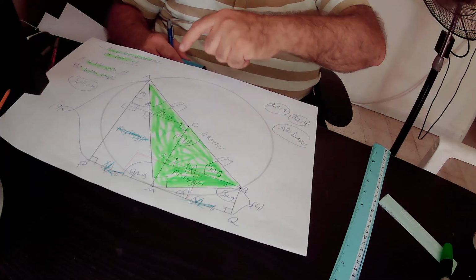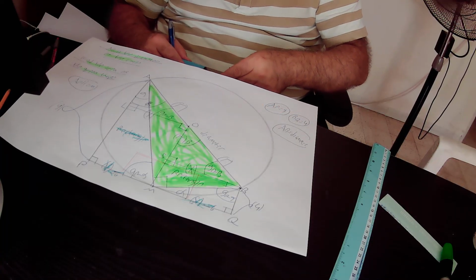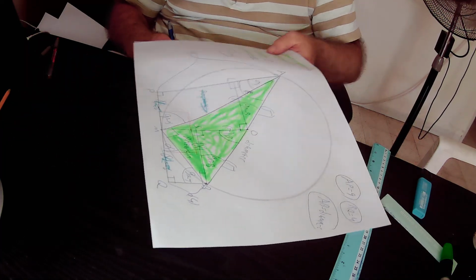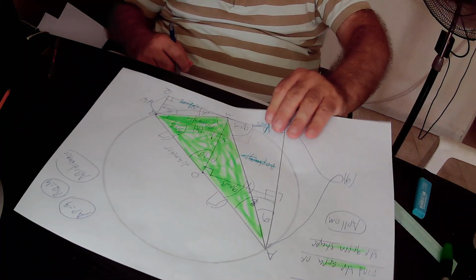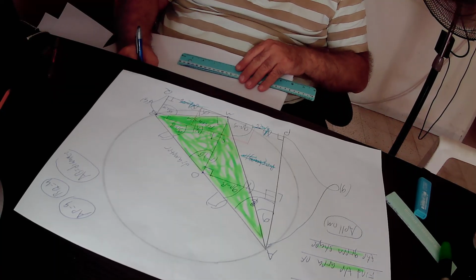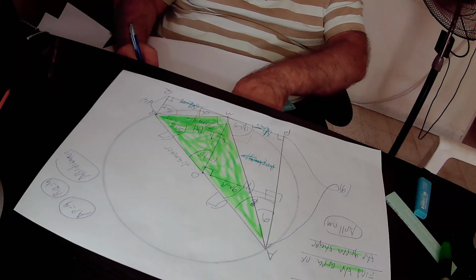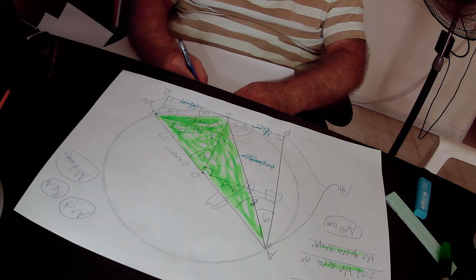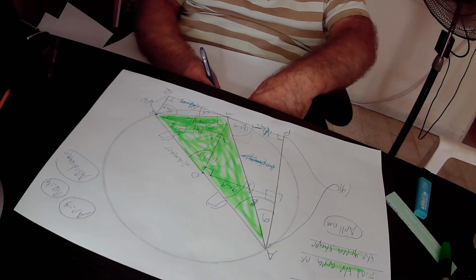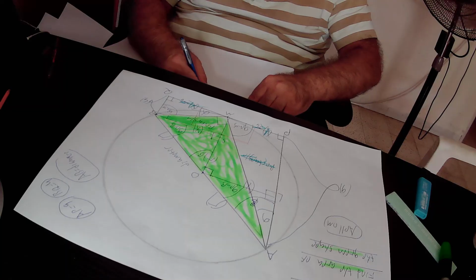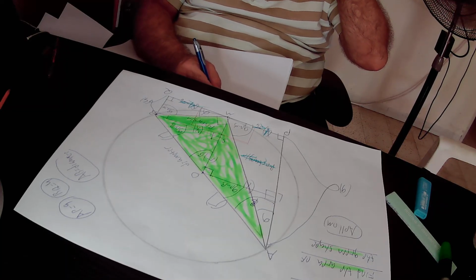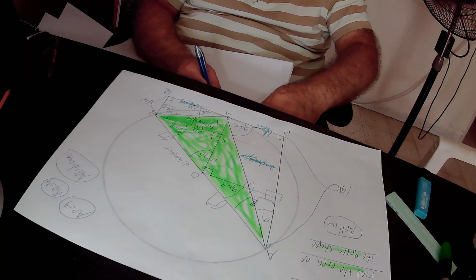So copy this right triangle BQM in the equation. We implement on it the Pythagoras theorem. According to the Pythagoras theorem, in any right triangle, the square of the hypotenuse equals the sum of the squares of the perpendiculars.